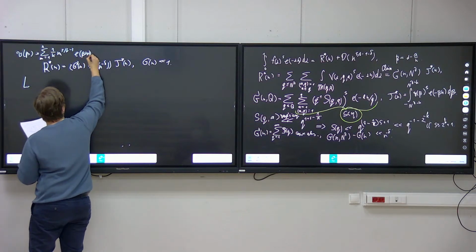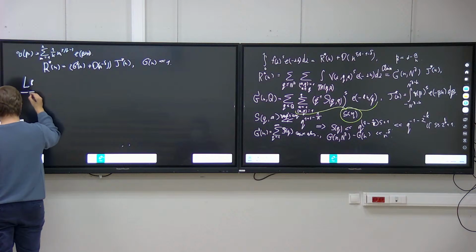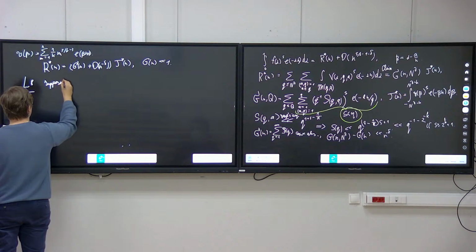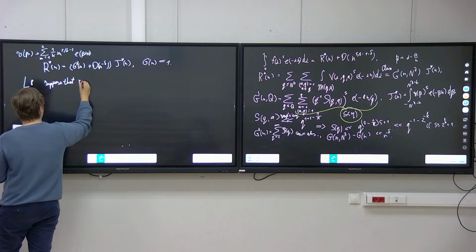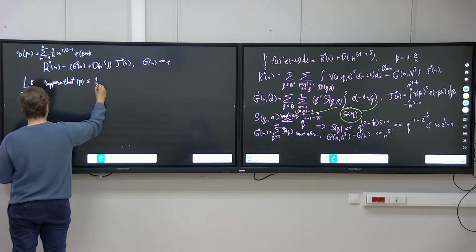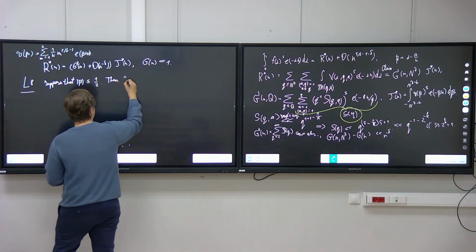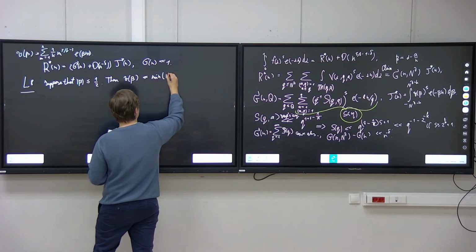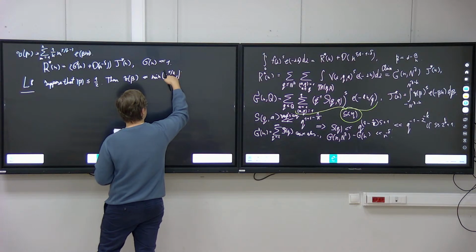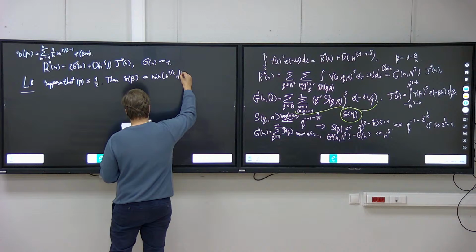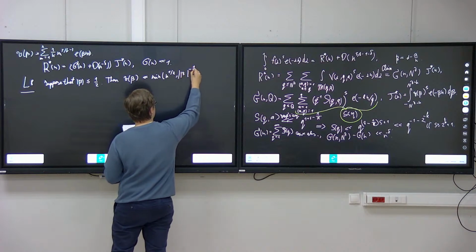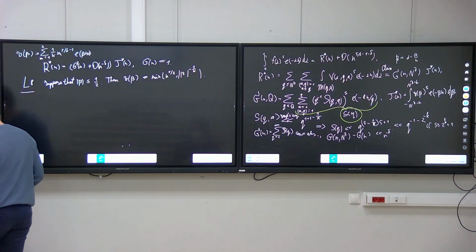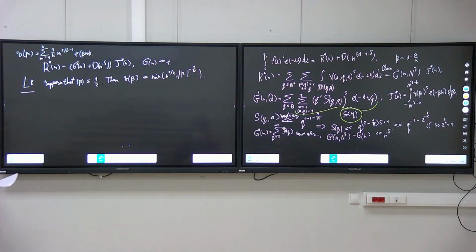Suppose that the absolute value of beta is less than 1/2, then V of beta is less than the minimum of n to the power 1/k, which actually becomes beta to the power minus 1/k.